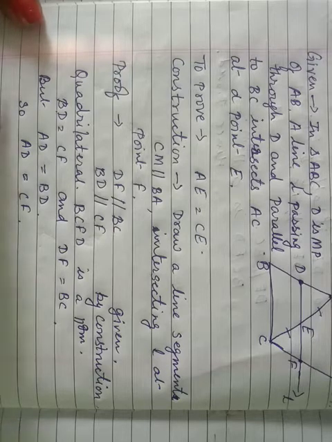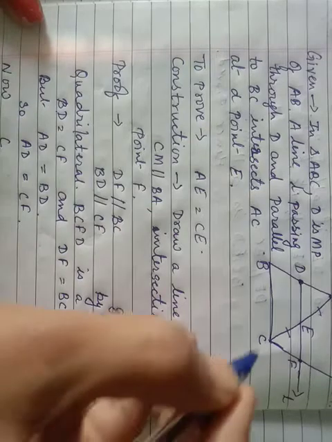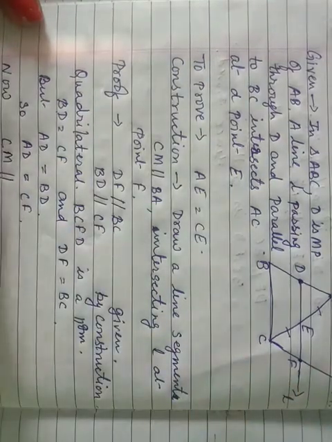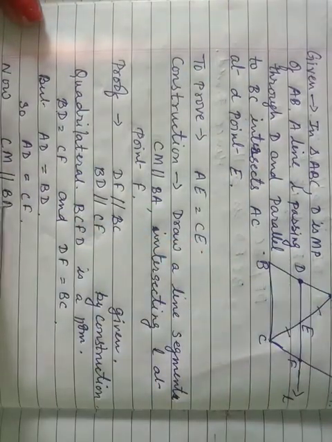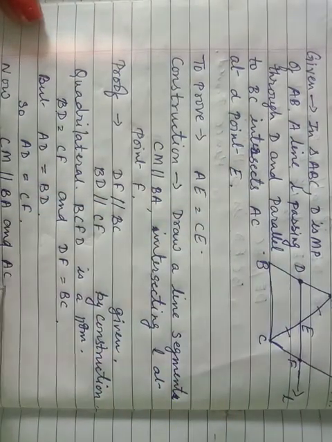Now, you can see this CM is parallel to BA and AC is the transversal.